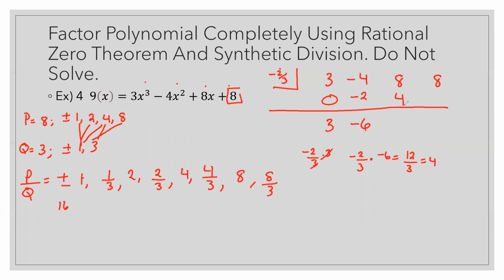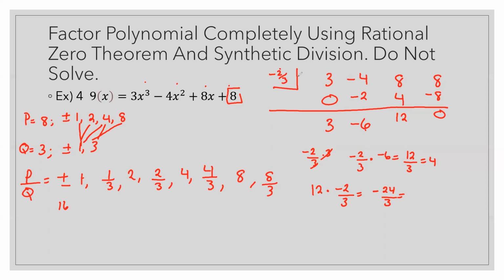And then 8 plus 4 is 12. And then 12 times negative 2/3 is negative 24 over 3, which is negative 8. And as you can see, it works.